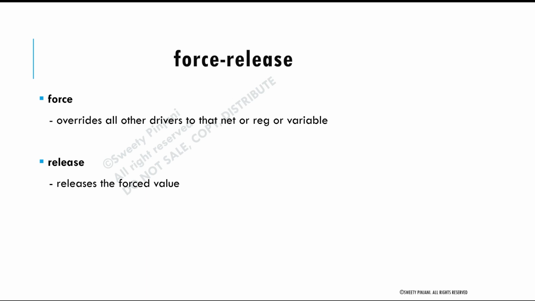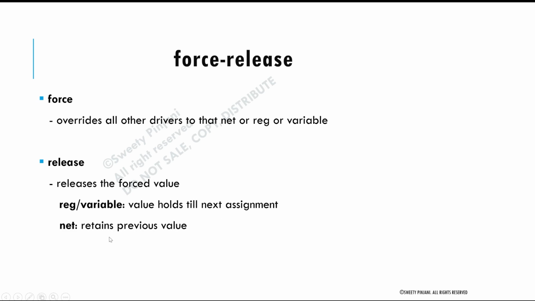Let's understand how. For the register and variable, once you release, the value will be held until the next assignment happens. Say for example, I have a register and I forced it to the value 3. Register will retain that 3 value until it gets the next assignment.